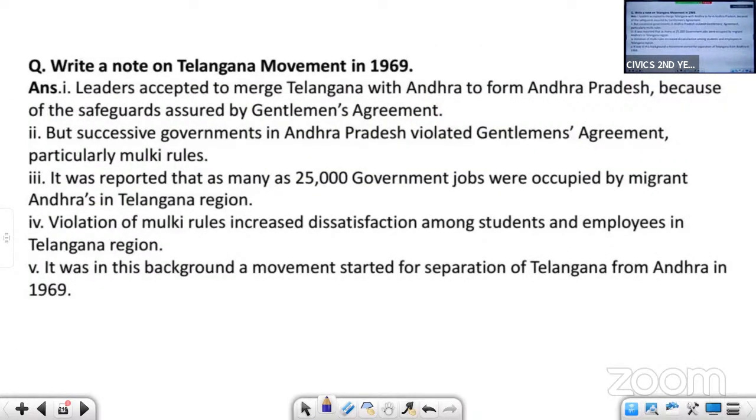Write a note on the Telangana movement in 1969. Why was the Telangana movement started in 1969?